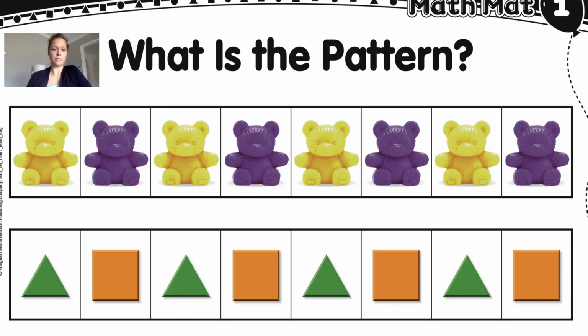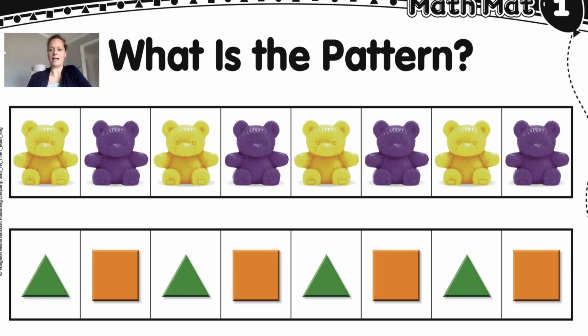Because if we see 2 yellow bears beside each other or 2 purple bears beside each other, that would not be a correct A-B pattern. We have a yellow bear, purple bear, yellow bear, purple bear, yellow, purple, yellow, purple. So it looks like they did the pattern correctly.